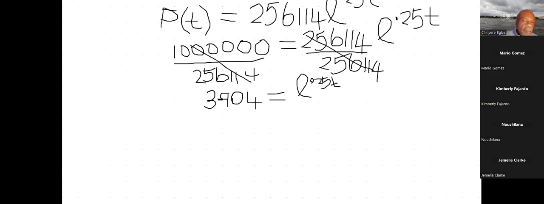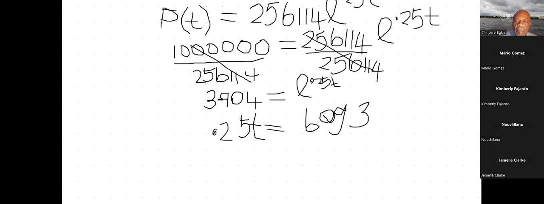So you take 0.25t equals the log of 3.904. Okay. So what is the log of 3.904?